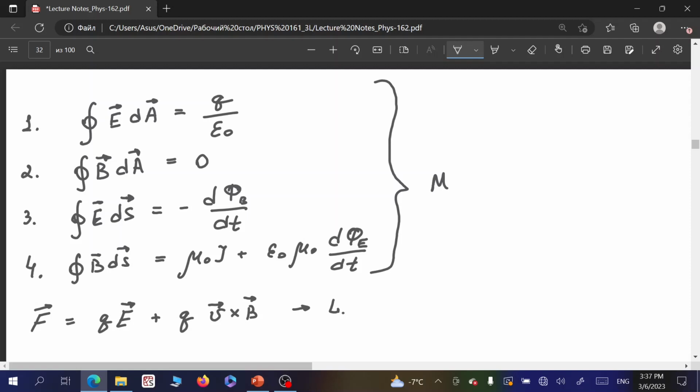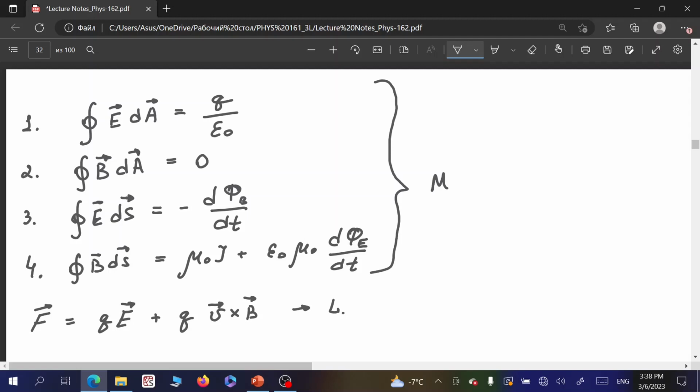That's why it's equal to zero. So for the magnetic field, we cannot consider magnetic charges as a source of magnetic field. The third equation tells us that the induced electric field can be created by a time-varying magnetic field, and that is the second type of source for electric field. The first one is electric charge.